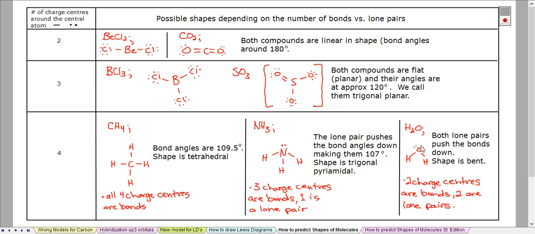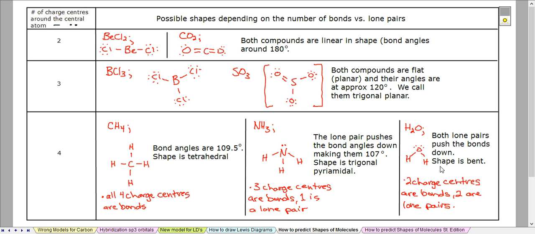But we've got 2 lone pairs and 2 bonds. So again, we have 4 charge centers total. 2 charge centers are bonds. 2 are lone pairs. So these lone pairs are still going to force everything to go into 3-dimensional space.